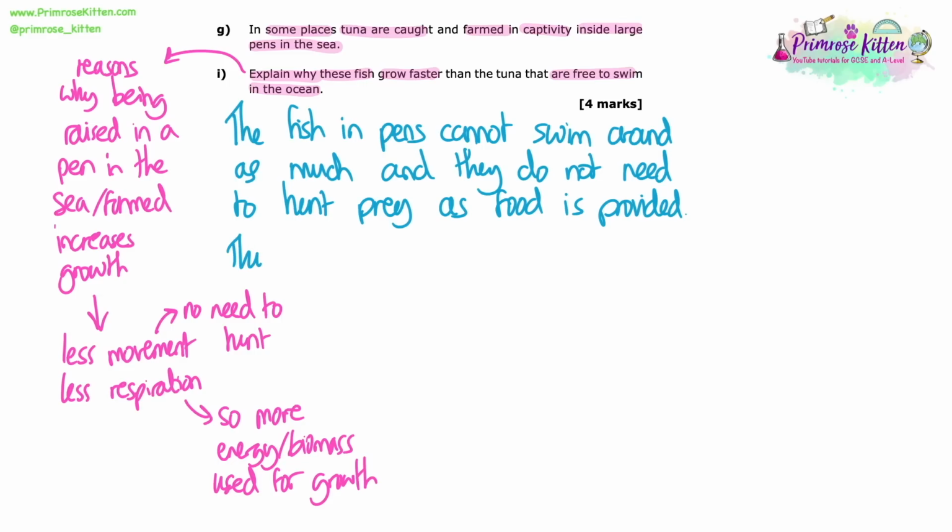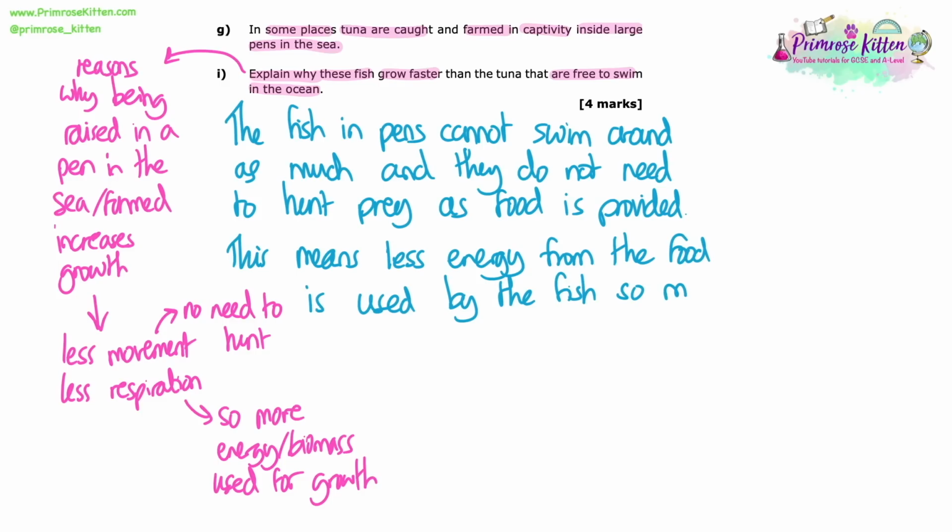The fish in pens cannot swim around as much, and they do not need to hunt prey as food is provided. This means less energy from the food is used by the fish for movement in this case, so more energy can be used for growth. So I've talked about energy here, but you can talk about biomass if you want to.